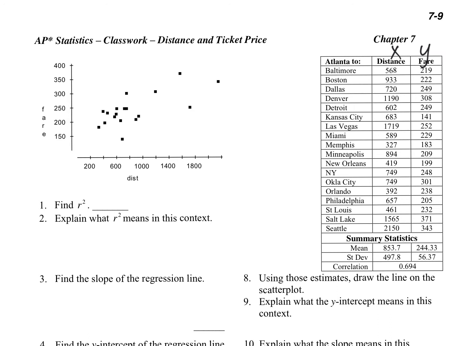I square that number. 0.694 squared is 0.482. So my r squared is generally reported as a percentage. So 48.2%.